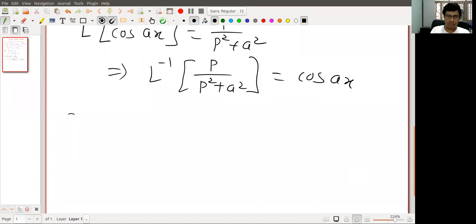Next example is find inverse Laplace transform of 1 upon p raised to 4.